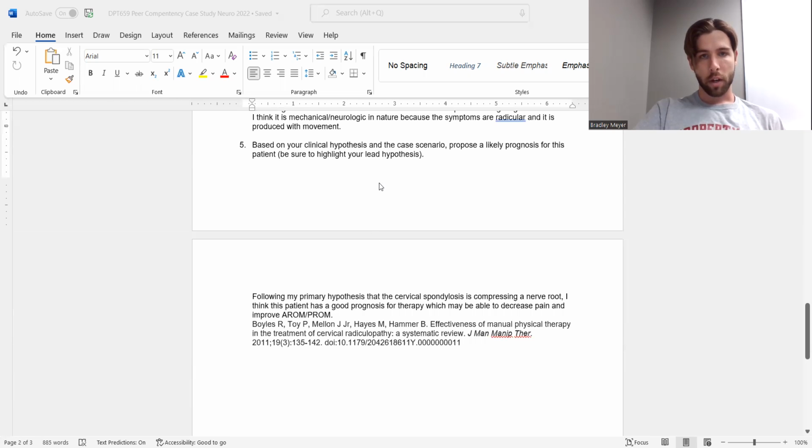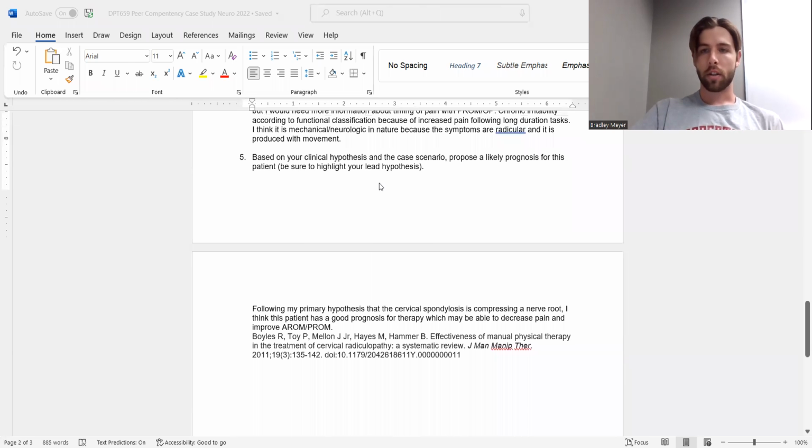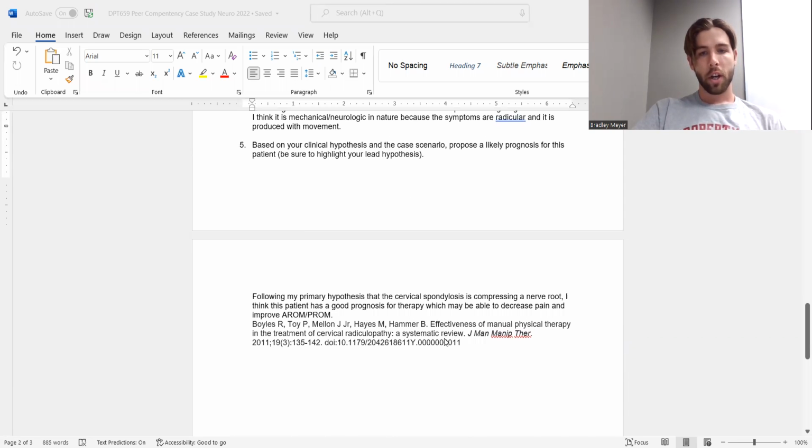Finally, if we take my primary hypothesis that the displacement of the cervical vertebral body is causing compression on that nerve, I think this patient has a good prognosis for physical therapy, which could help reduce his pain symptoms and increase his range of motion.